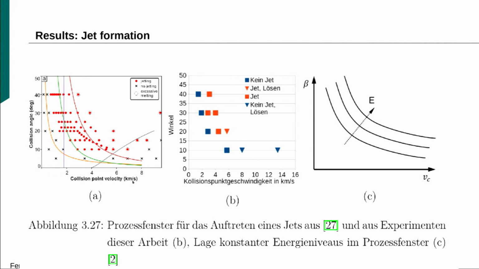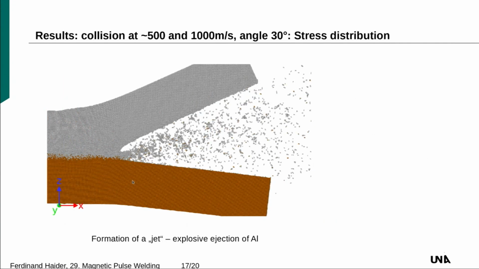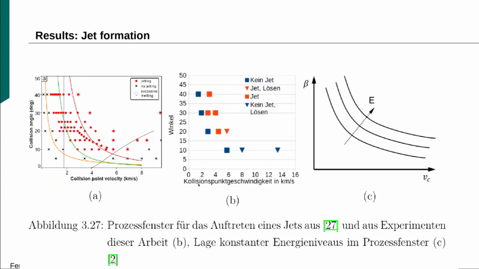One parameter here is the collision point velocity, and don't confuse this with the collision velocity. The collision point moves much faster if the angle is smaller. Just a question of geometry. So like a scissors, which you close, the tip of the scissors is moving much faster than your fingers. So that's the collision point velocity, which includes this angle, and the collision angle.